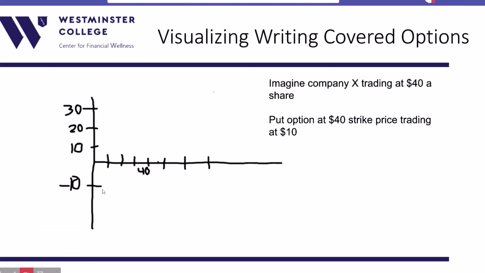Now, as we remember, a call means that you expect the stock price is going to increase, which means that if it doesn't increase, if you bought that call for this $10, reminder, profit loss, and this is the price of X, then if you bought it for $10 and that share price does not increase in value, it means that you automatically have lost $10.